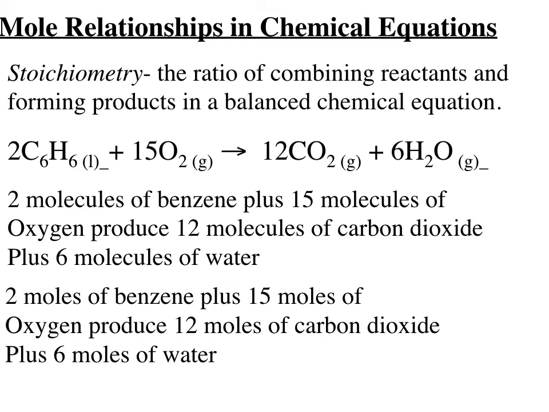And the bushel basket of chemistry says that instead I have 2 moles of benzene liquid reacting with 15 moles of oxygen gas, forming 12 moles of carbon dioxide gas and 6 moles of water in the vapor form.